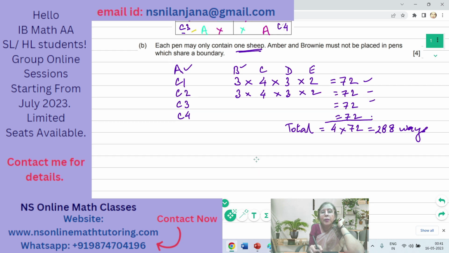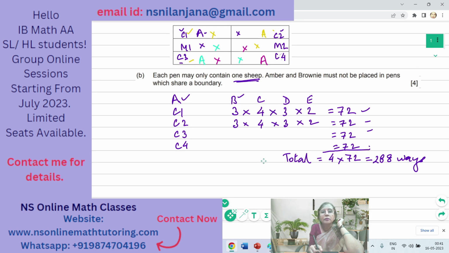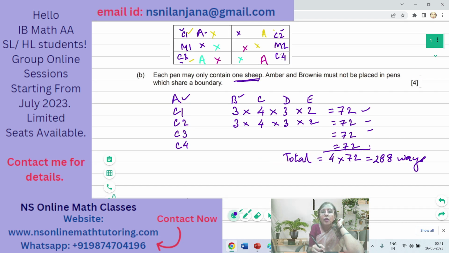Okay, now coming to the middle pens. Fine. When Amber is placed in this pen, Brownie cannot be placed in this pen. Brownie cannot be placed in this pen.